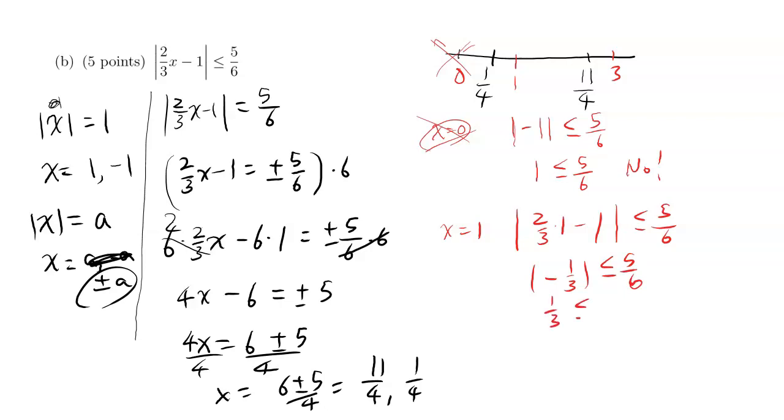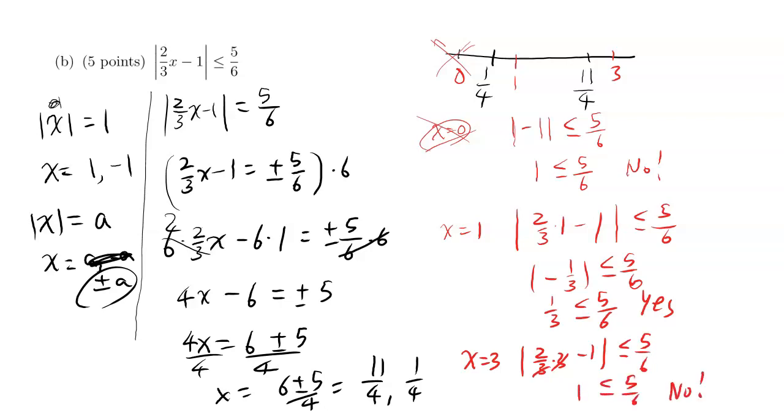Is 1/3 less or equal to 5 over 6? Yes, that is correct. And when you plug in 3, you get absolute value of 2/3 times 3 minus 1. 3 cancels. 2 minus 1 is 1. So again, you get 1 less or equal to 5 over 6, which is a no. So these two are no good, and this is good.